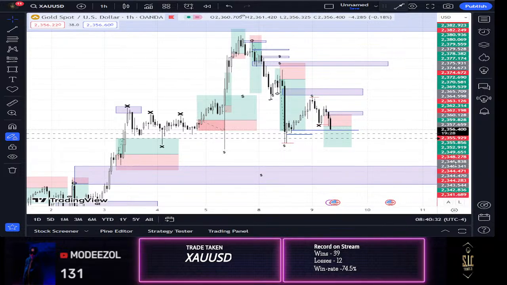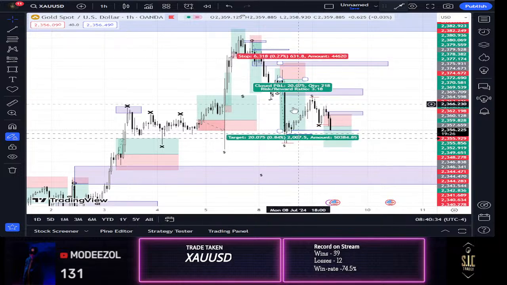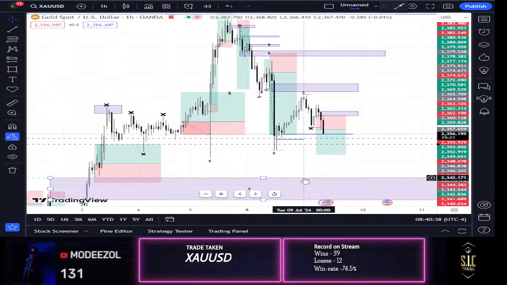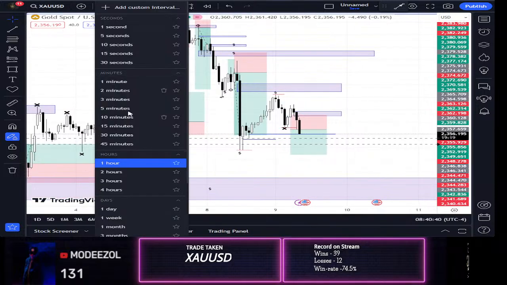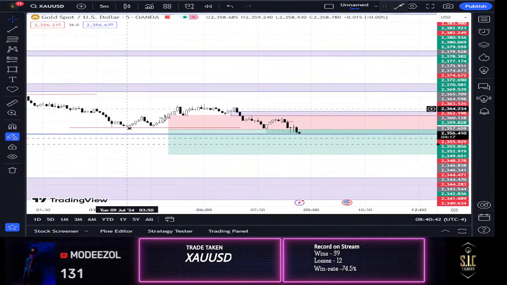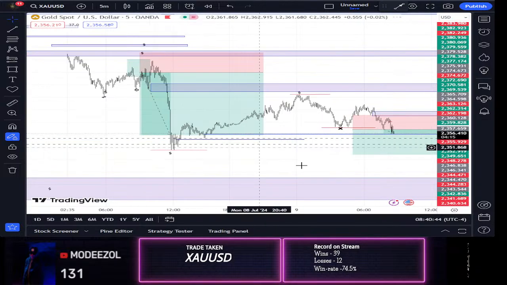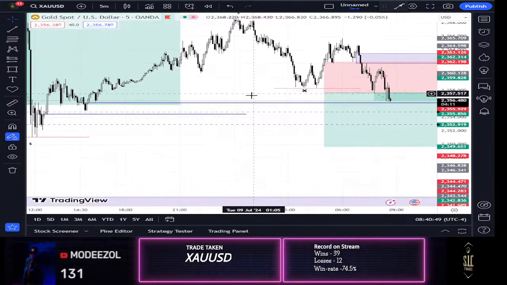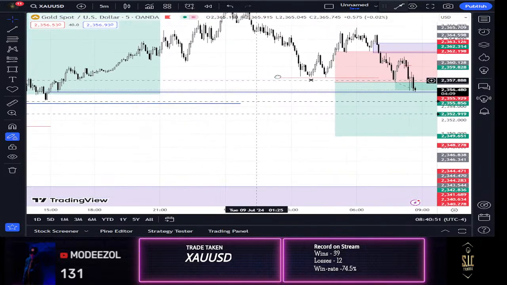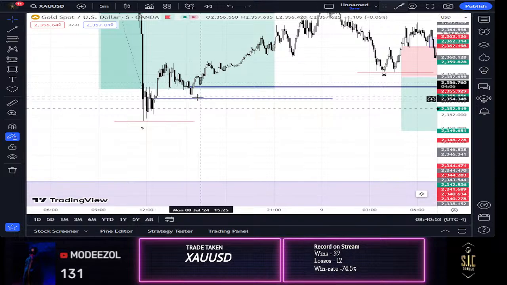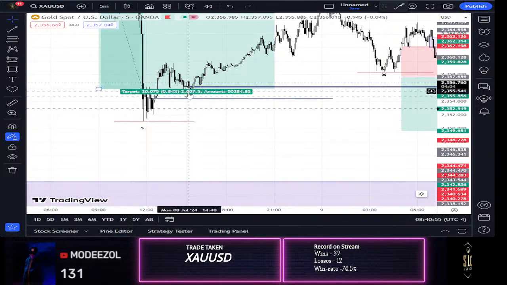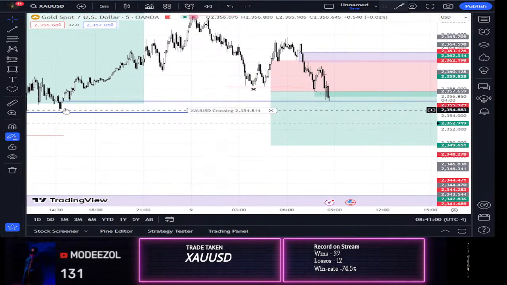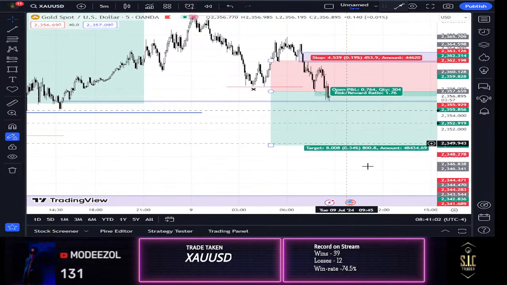All right, I'm going to hold it for a little while. Just wanting to aim for certain areas and see how she plays off in these areas. But most likely she might just keep falling.